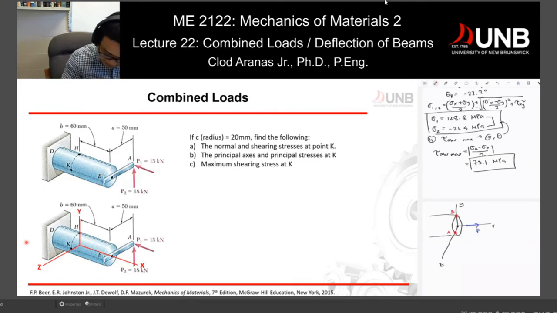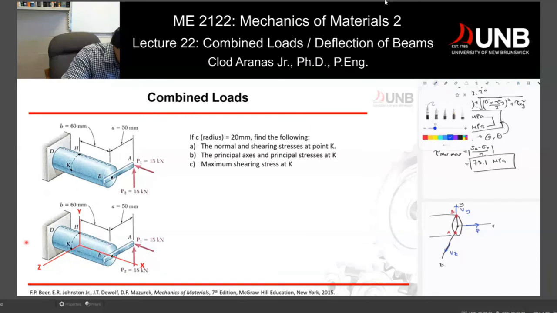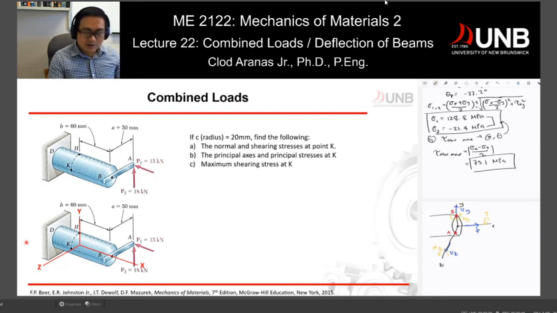We can have our V sub Z, and then V sub Y, and then we can also have our moment, a torque, which is this torque right here. We have M sub Z, and then M sub Y. So we have 6 different numbers here: moments, torque, and forces.